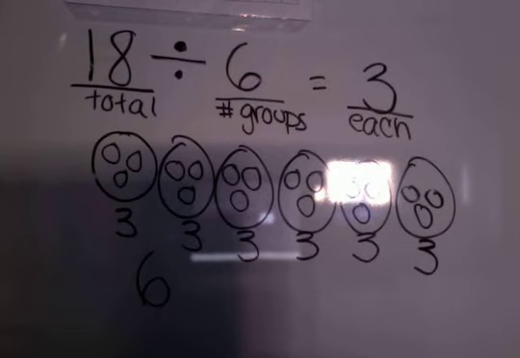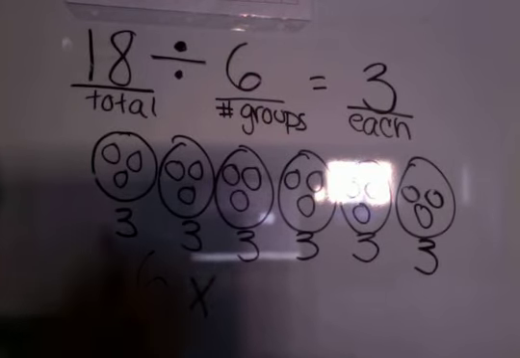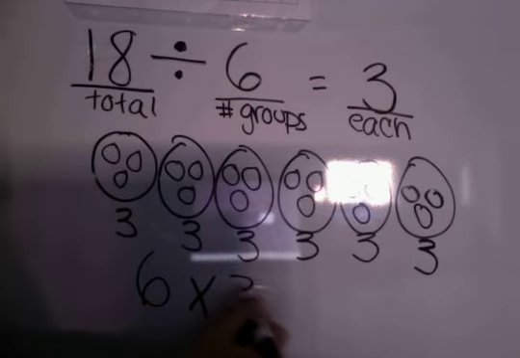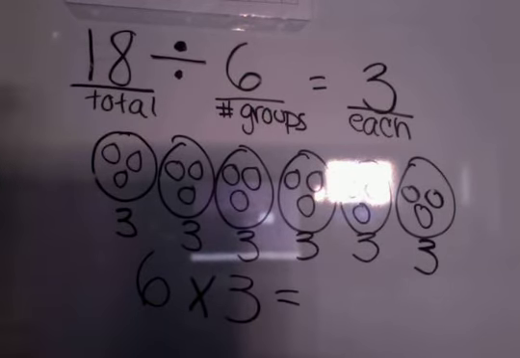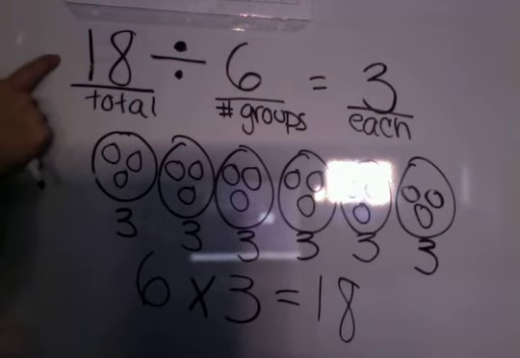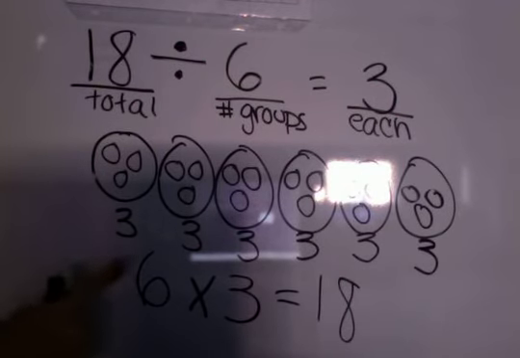Good. Times. How many are in the groups? 3, and that equals, how many dots did we have total? 18, very good. So if 18 divided by 6 equals 3, then 6 times 3 equals 18.